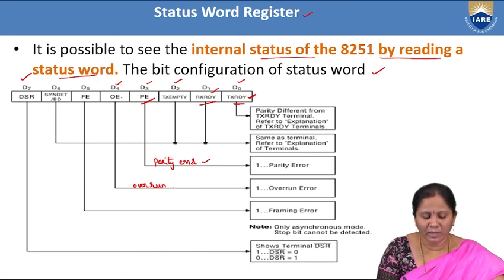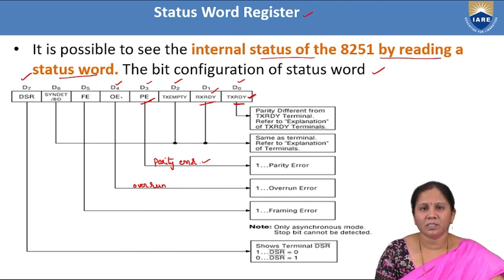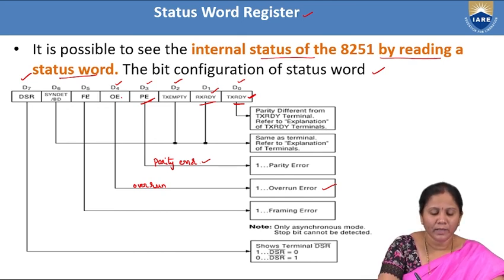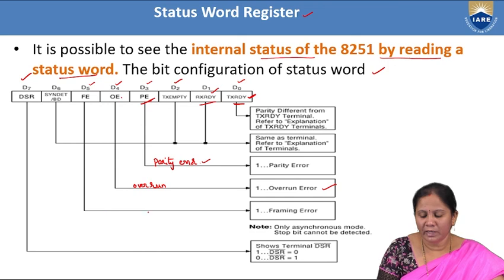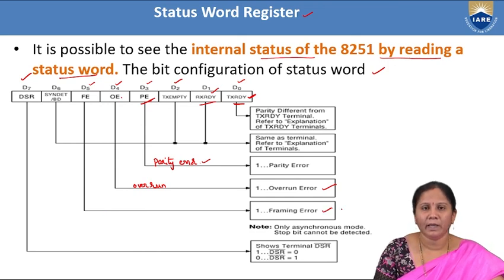What is meant by overrun error is that if the first character is not read before the second character is received, then we say it has an overrun error. And the D5 bit is FE. FE represents framing error.